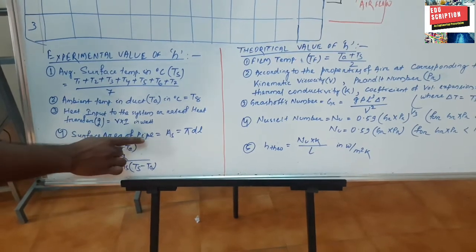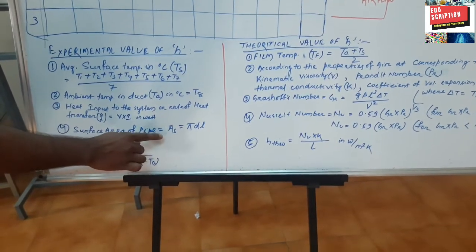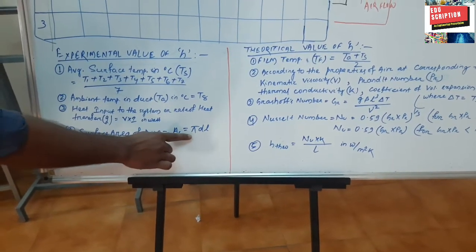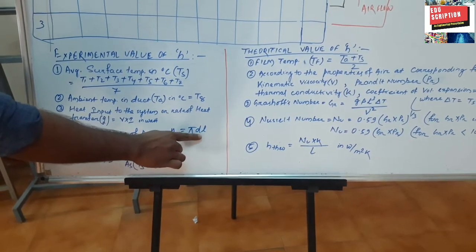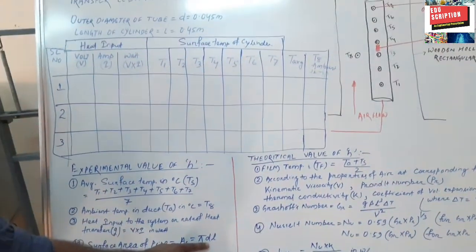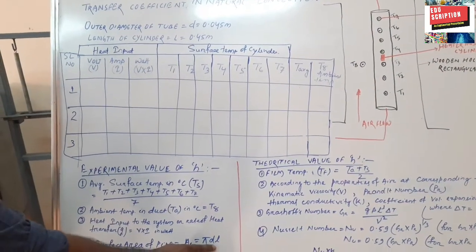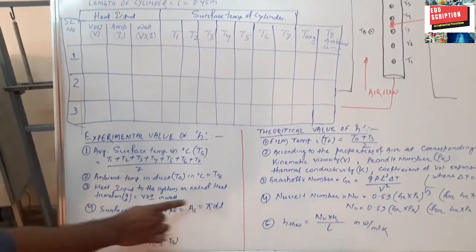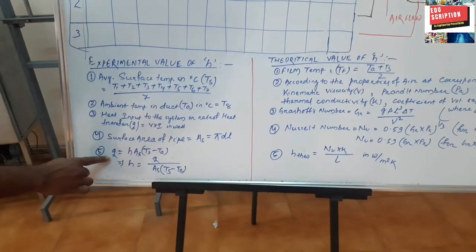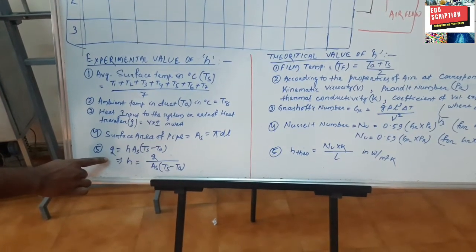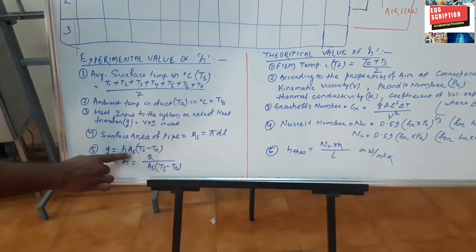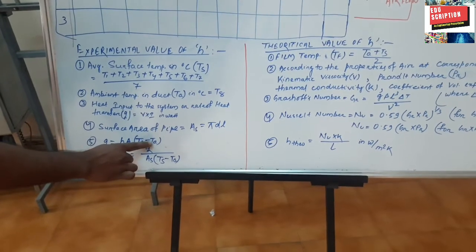Surface area of the pipe As, that means surface area of the brass tube, is equal to pi into D into L. As you have known, D value is equal to 0.045 meter and L value is equal to 0.45 meter. And Q, that means rate of heat transfer, Q is equal to h into As into (Ts minus Ta).